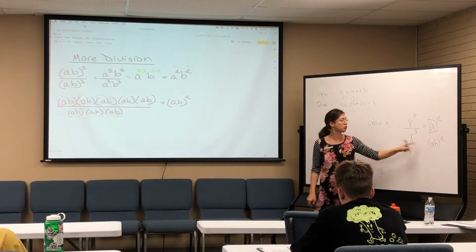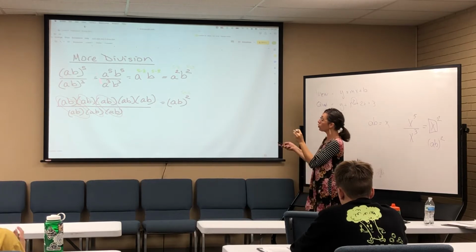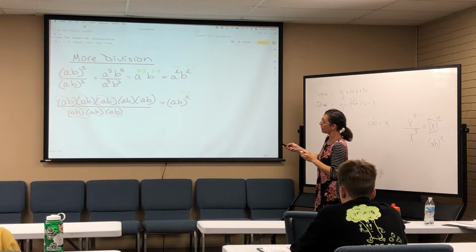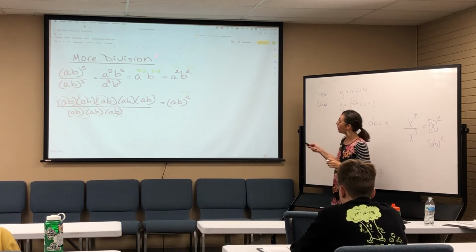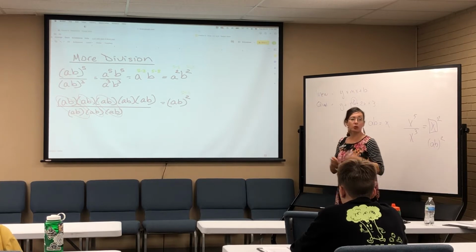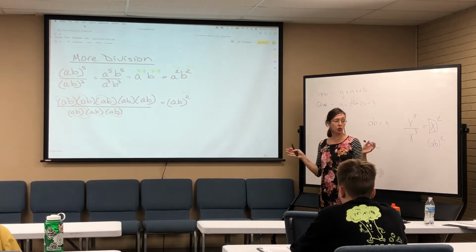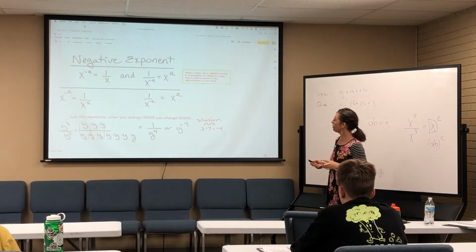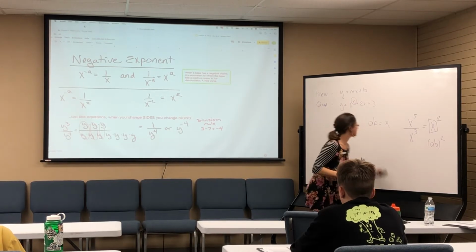So we can use substitution. We can look at it as a whole group like this, or we can break it out in division. Both answers end up exactly the same. No matter which way you choose to do it, you'll get the exact same answer. You should always get the same answer.